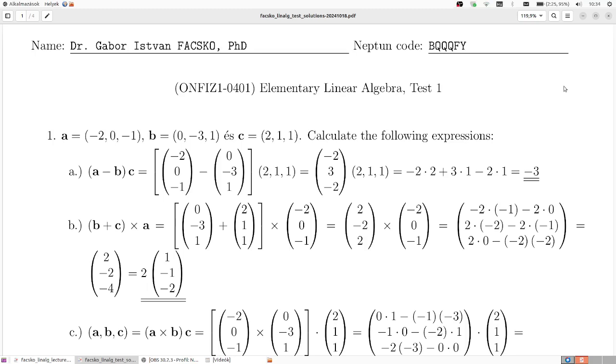Then the scalar product means you multiply the components, then add together. Yes, that's it, nothing else.